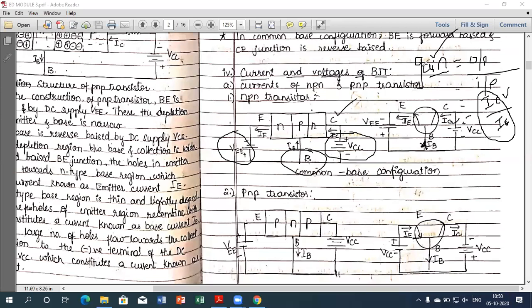The current gain of this configuration will be IC by IE, where base is connected to ground, common for both NPN and PNP. The only difference between NPN and PNP is the polarity, but the formula remains the same. Polarity is nothing but positive becomes negative, negative becomes positive. I hope it is clear for everyone.